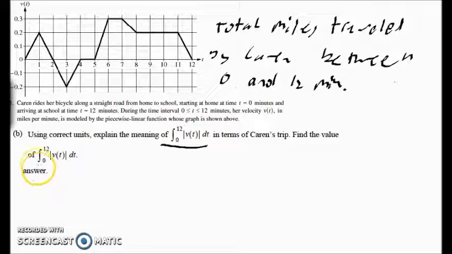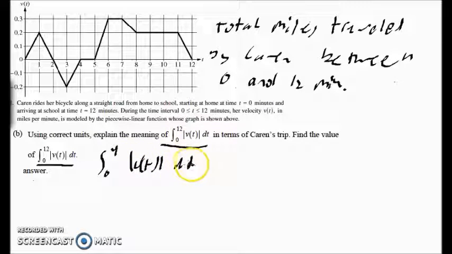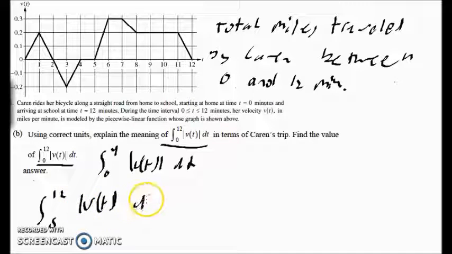And we were also asked to find the value of this, and what we can do here is split this into two integrals. We can take the integral from 0 to 4 of the absolute value, and also the integral from 5 to 12 of the absolute value.